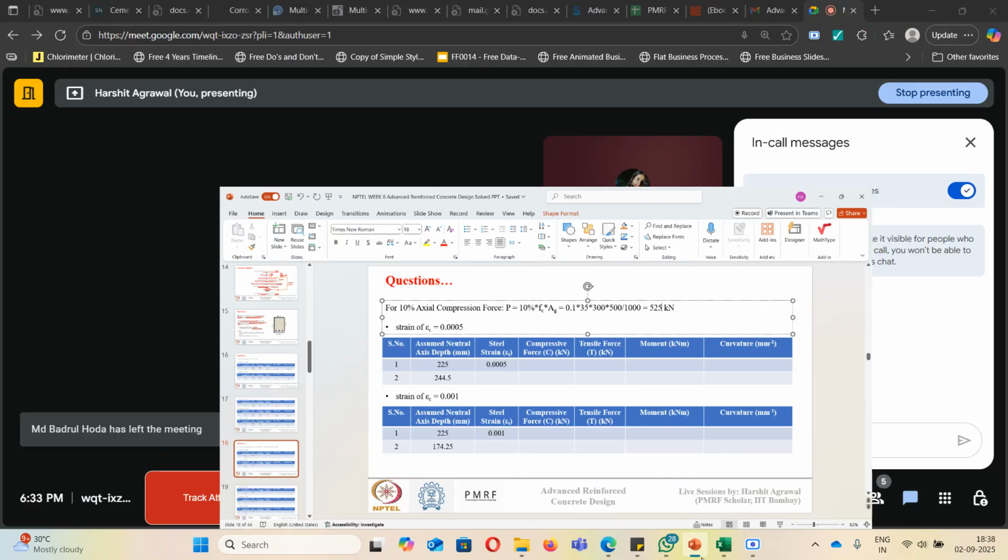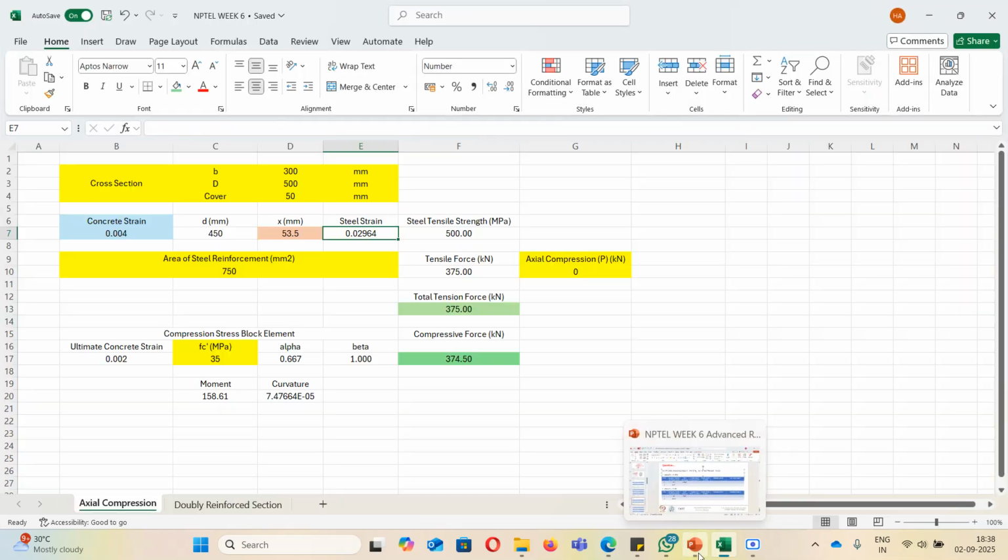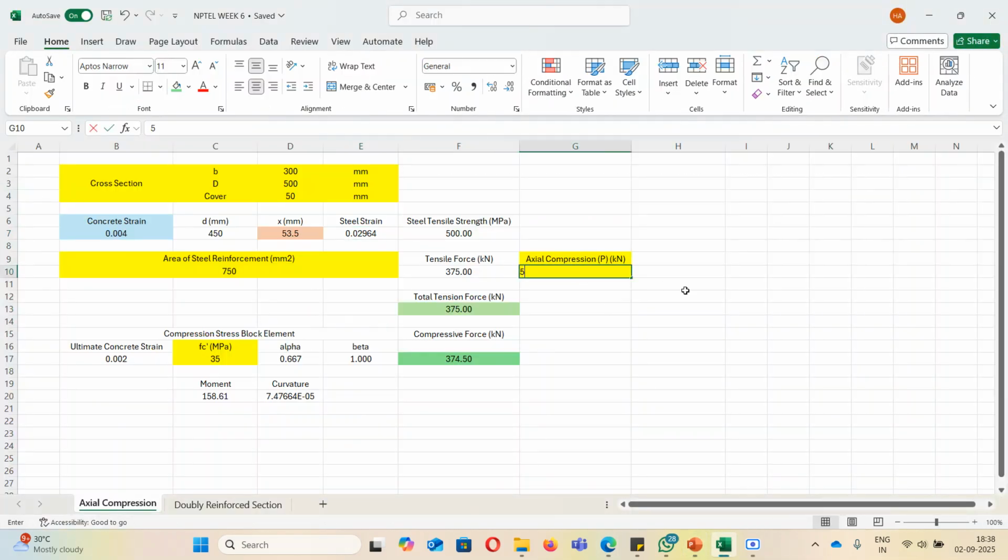So what we'll do now in the sheet, okay, so in the sheet we'll just write here 525. Okay, so you will see this total tensile force, it will now be summation of this tension force plus this axial compression force. Okay, so again we'll do the same iterative process.